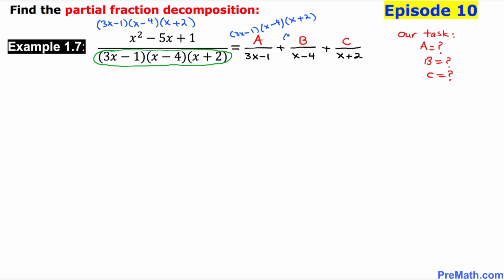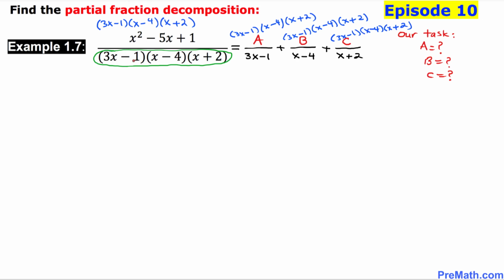Likewise, I'm going to do the same for the second fraction, and likewise I'm going to multiply 3x minus 1, x minus 4, and x plus 2 for the third. So far so good.